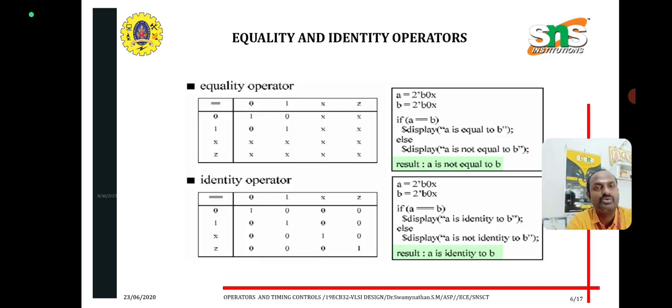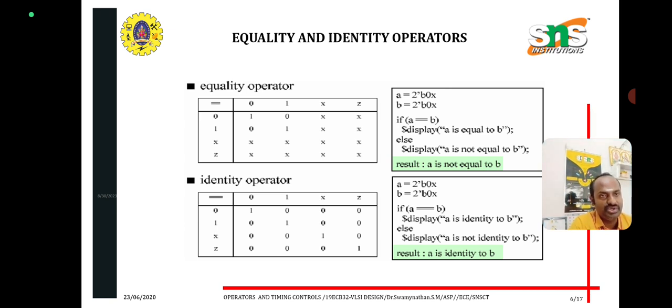Next we will discuss an example: A is equal to 2'b0x, where 2 is the size, b means the binary number type, and 0x is the value. So A and B are defined.